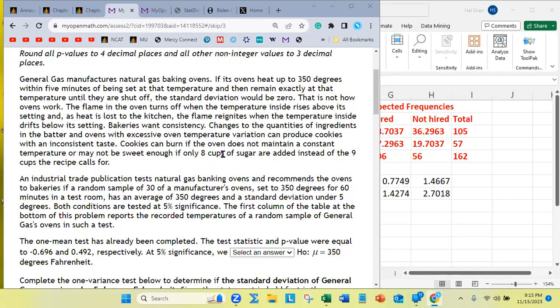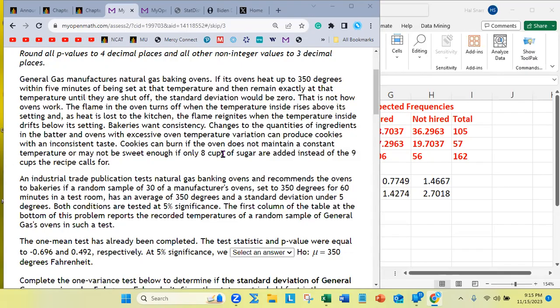And maybe the oven reignites when you get to 345. So the oven is constantly cycling on and off. So that suggests there's a standard deviation, right? Because the temperature varies. It's not exactly 350 all the time.